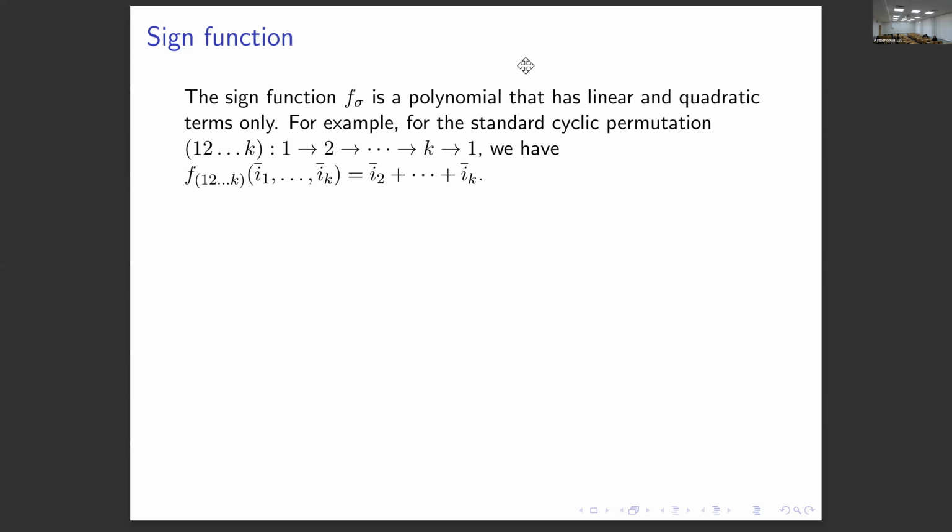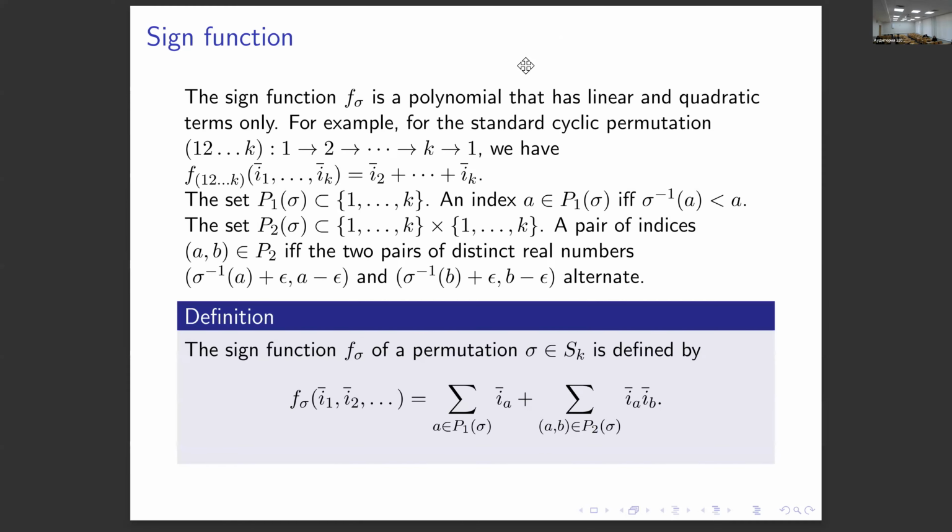For an arbitrary permutation, there are two parts: the first part is the linear part, the second part is the quadratic part. The first part is the set of indices A that satisfy sigma inverse of A smaller than A.